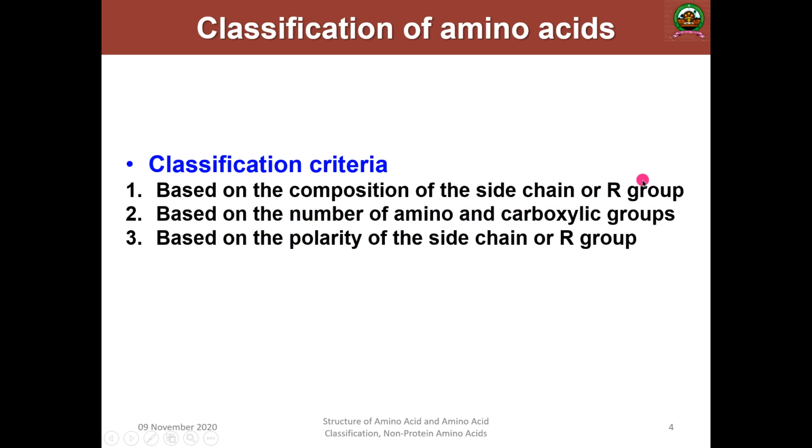These are the major classification criteria of amino acids. We will discuss all these classifications very briefly with suitable examples.